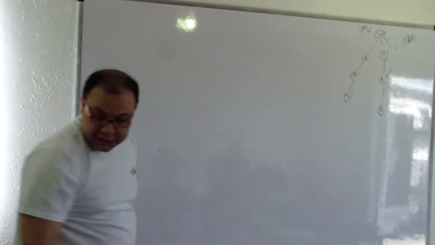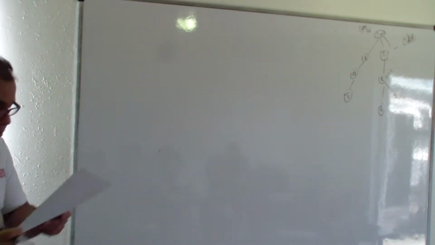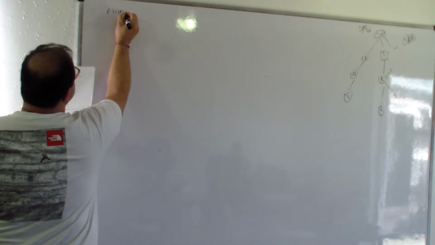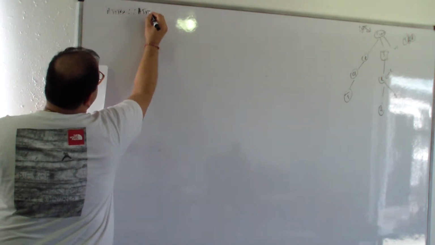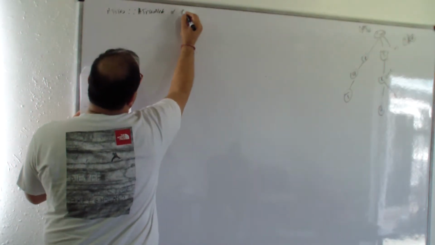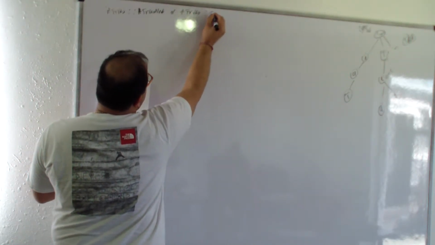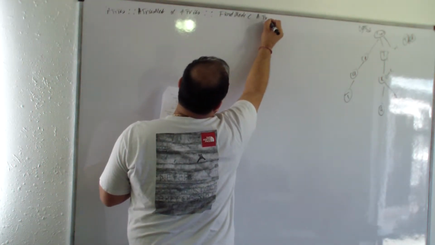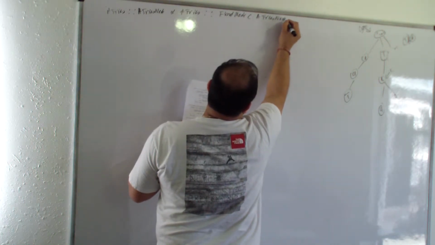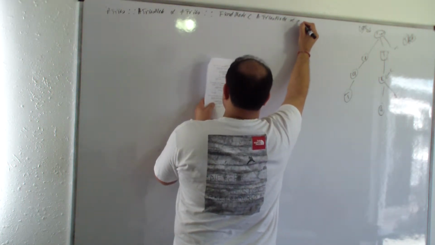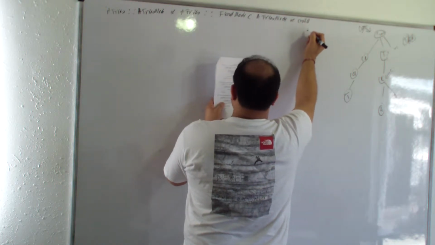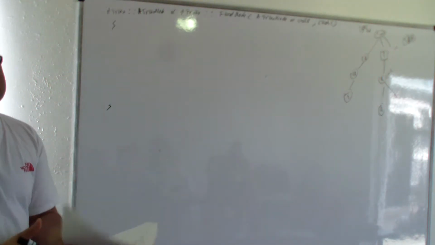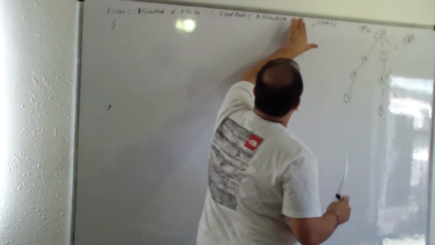So next I will write a function called find node. ATrie node star ATrie colon colon find node, ATrie node star child, comma character C. This is just a simple function, whatever I call it, I should name this current.